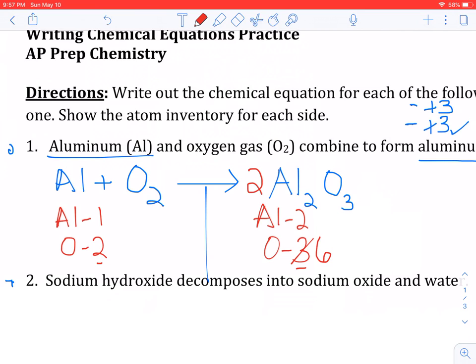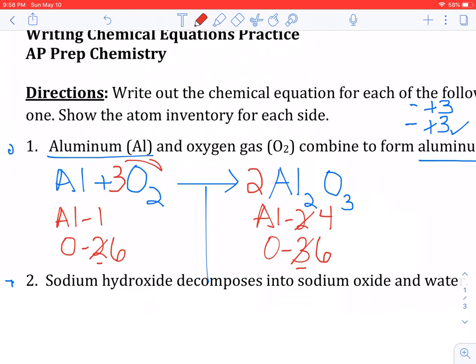So 2 Al2O3s. That also makes 4 Als. And then on the left side, in order for me to get 6, I would need to take 3 of the O2s. So 3 times 2, so my oxygens are balanced, 6 on the left and 6 on the right.